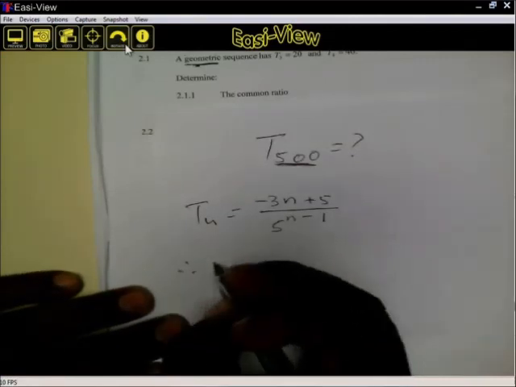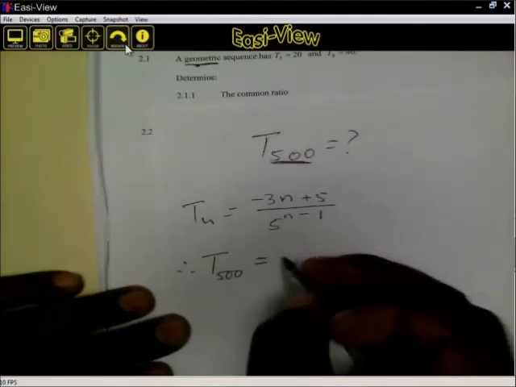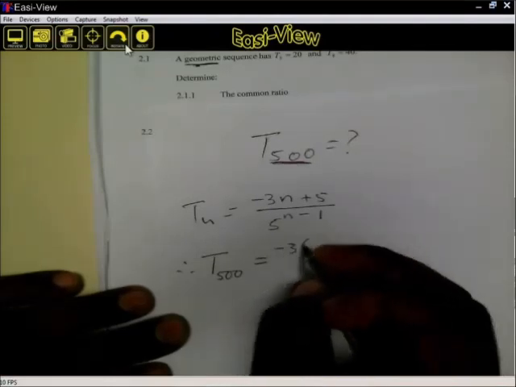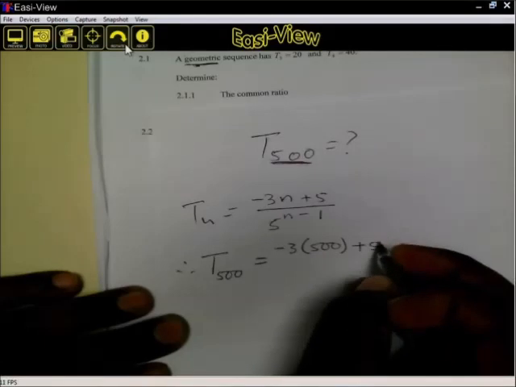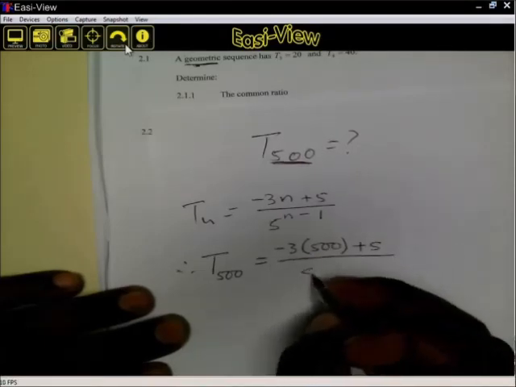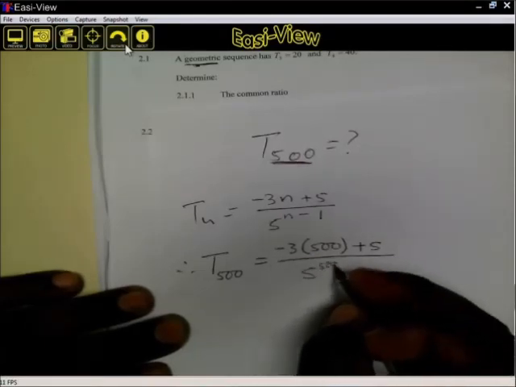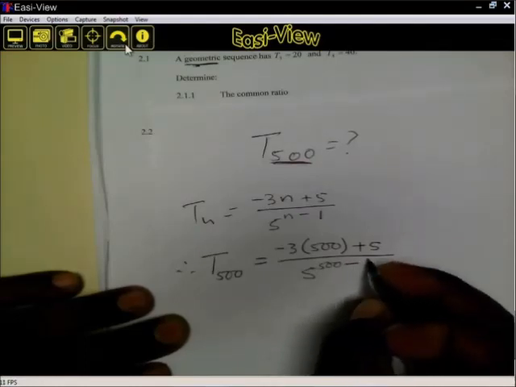So we are therefore going to have T500 equals negative 3 into 500 plus 5 all over 5 to power 500 minus 1.